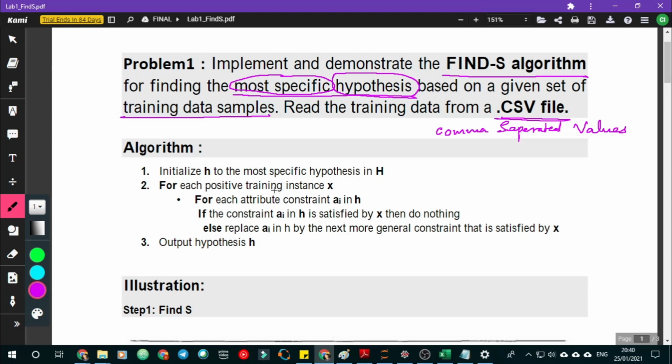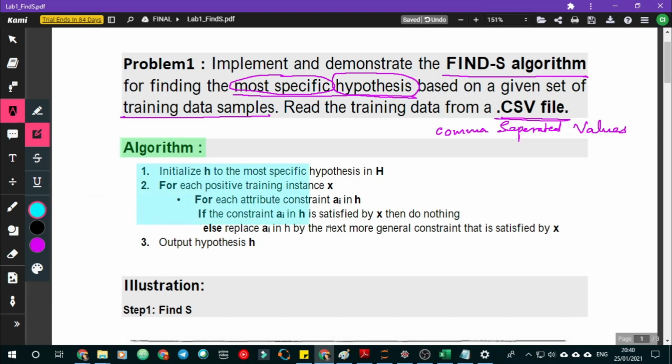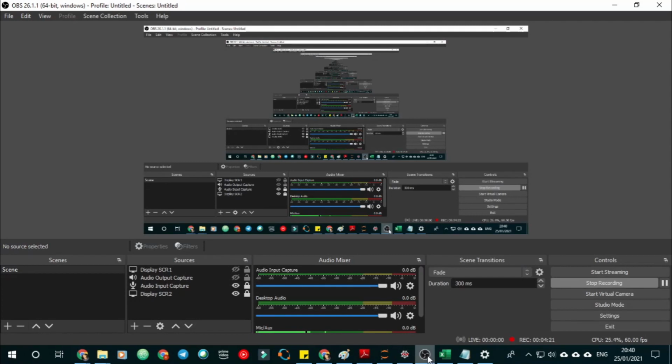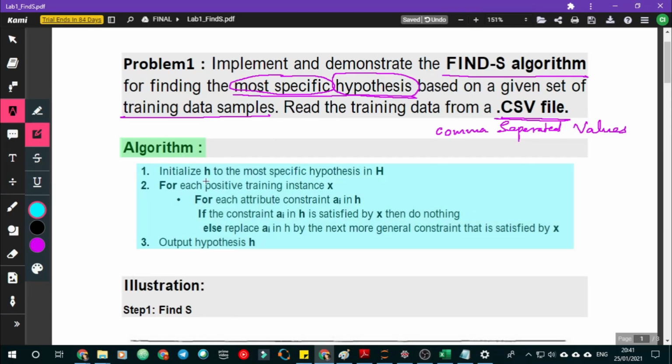So before going to the program, let's look into the algorithm. Okay, algorithm part. So this is the algorithm. The first step in the algorithm is to initialize the hypothesis.